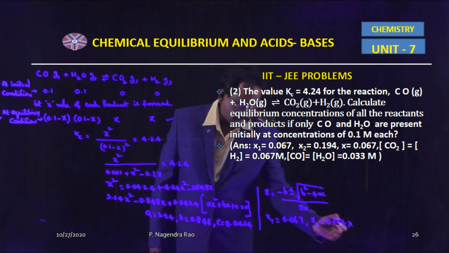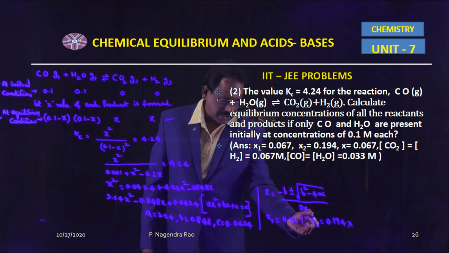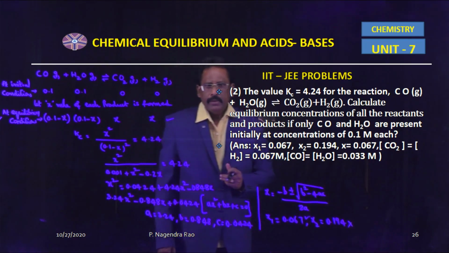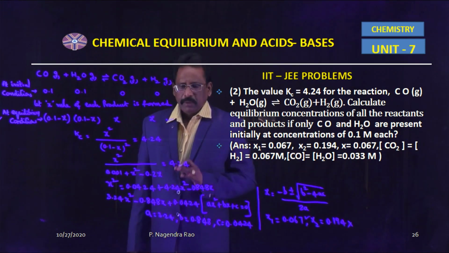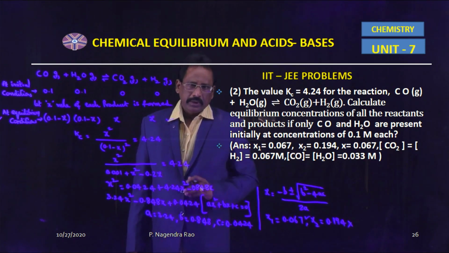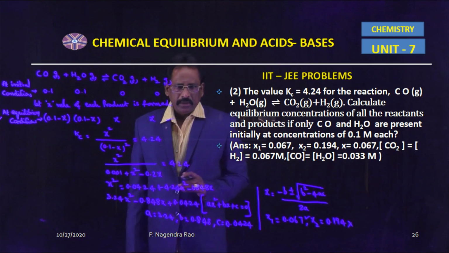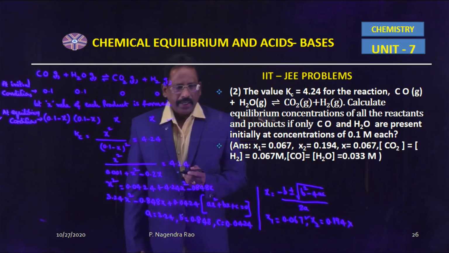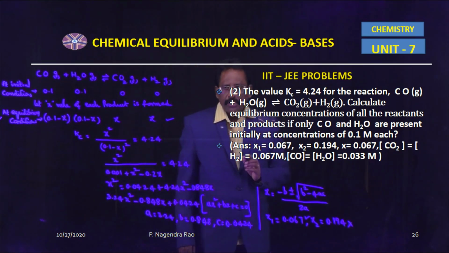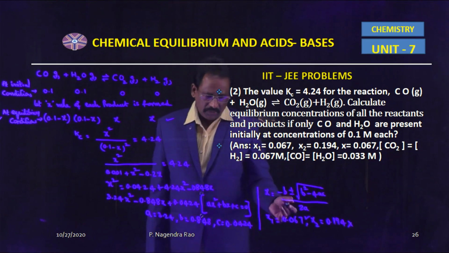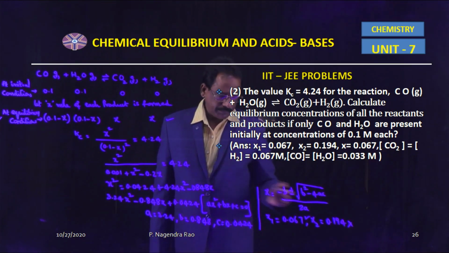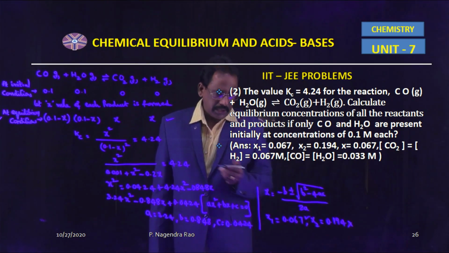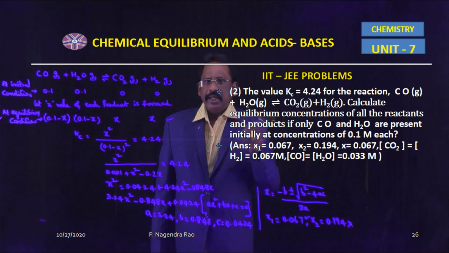That's why the value of x is equal to 0.067 by using the quadratic expression. By solving this quadratic expression, one of the values of x is equal to 0.067 and the other value is 0.194.